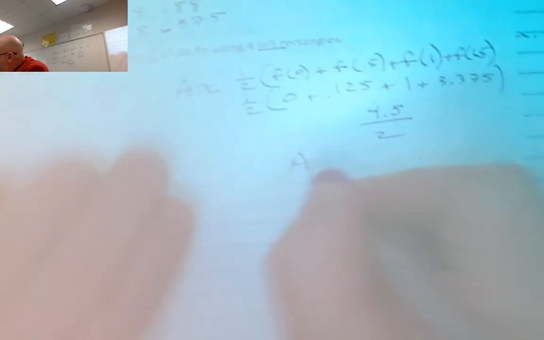What's 1.5 cubed? 3.375, like that. So I'm going to add these together. I get 4.5. Does that look right? If I add those together? Am I right? Divided by 2, because there's a half. So my area is approximately 2.25.